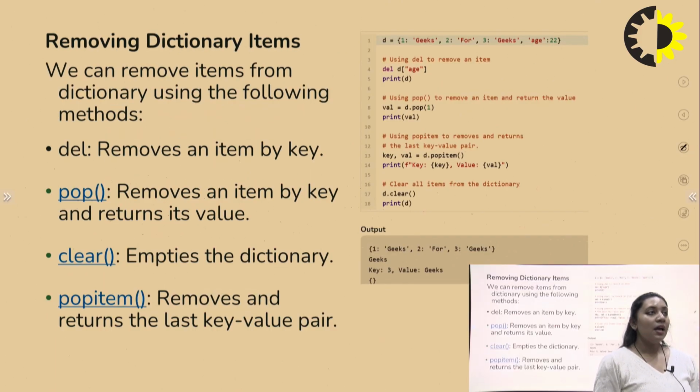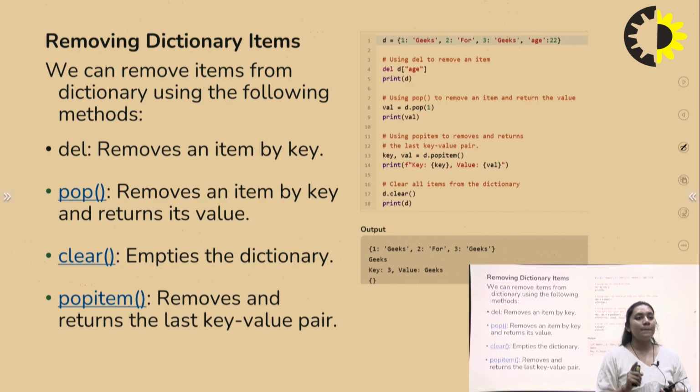Next is removing the dictionary item. How can you remove a dictionary item? Here are a few built-in functions available in Python programming. Number 1 is the del function. The del function is mainly used for removing an item with the help of the key. You just write the key and write print D, so it deletes the value of that particular element present in the dictionary.